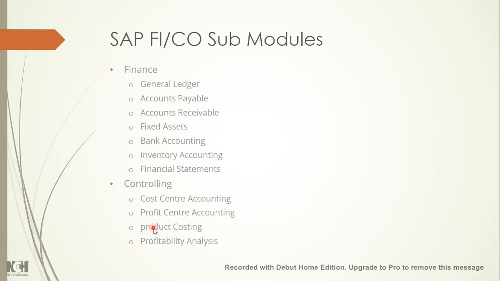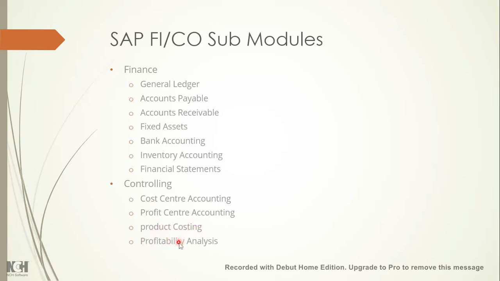Routing basically means the route through which the bill of material will pass, and it will involve certain time activities. Different machines will be spending certain amounts of activities, and then you cost all of them together to get your product cost. In SAP basically we will have two types of pricing. One is called standard price, and another is called moving average price. So when we talk about product costing, it's always a standard price.